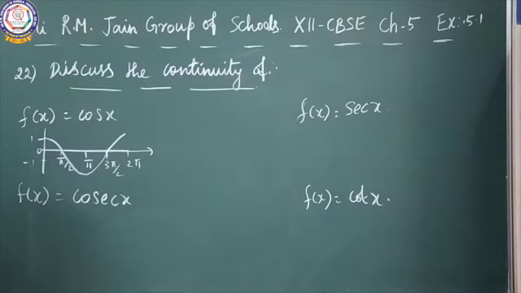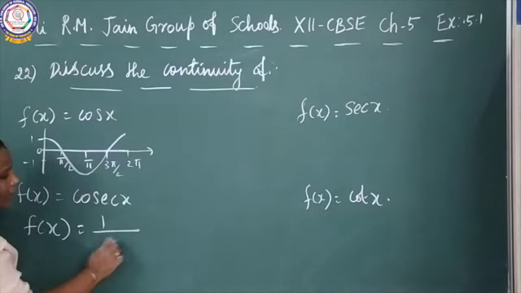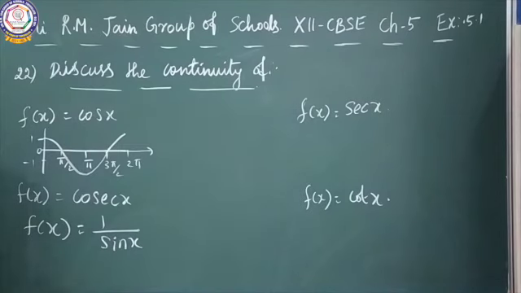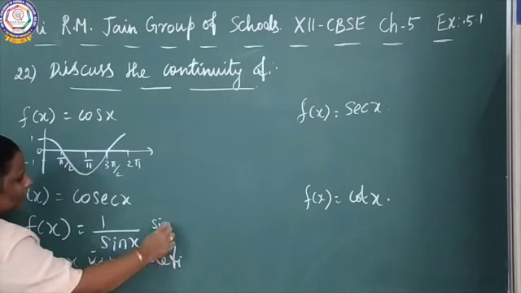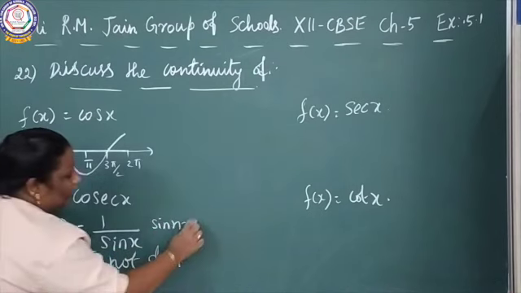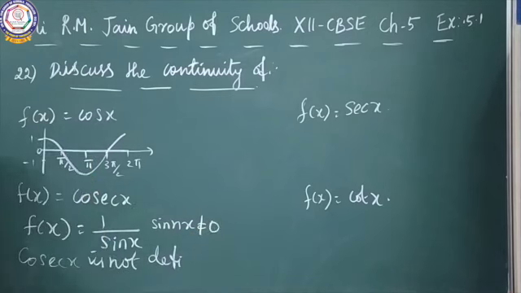Now you move on to cosecant x. F of x equal to cosecant x is nothing but 1 by sin x. Sin x is a continuous function, but cosecant x is not defined where sin x is equal to 0.